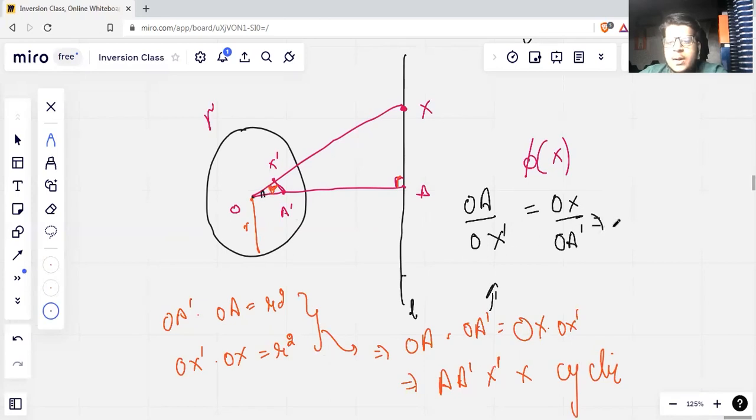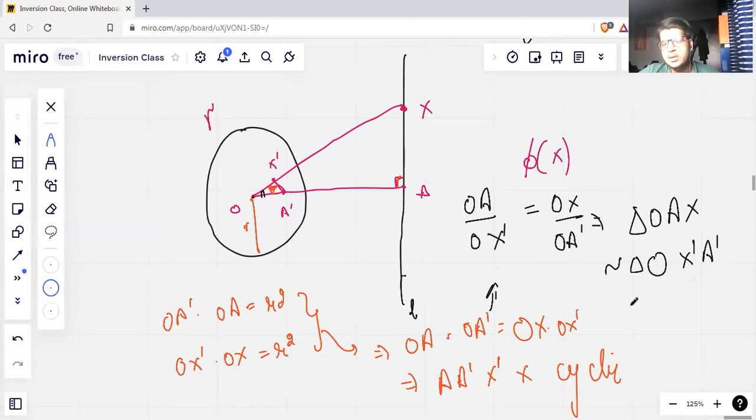So this gives us triangle OAX similar to triangle OX dash A dash. And from similar triangles, angle OAX equals angle OX dash A dash.